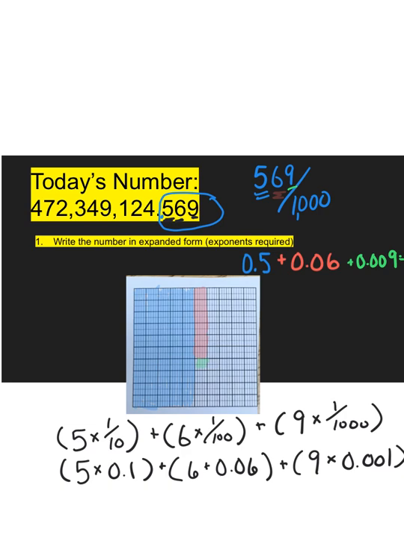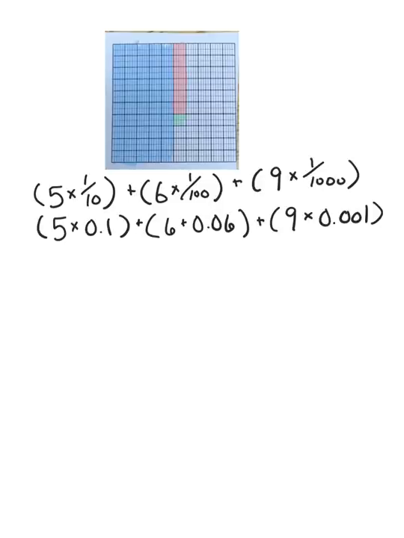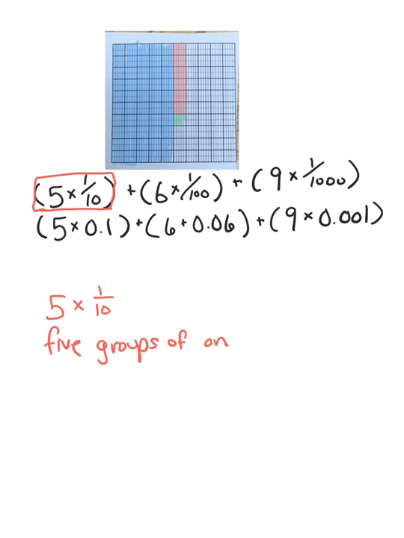So now my job is to try to help you understand why we use this form here. And to help you think about that, let's just look just at this statement here, 5 times 1/10. Would you agree that another way to read that would be 5 groups of 1/10?